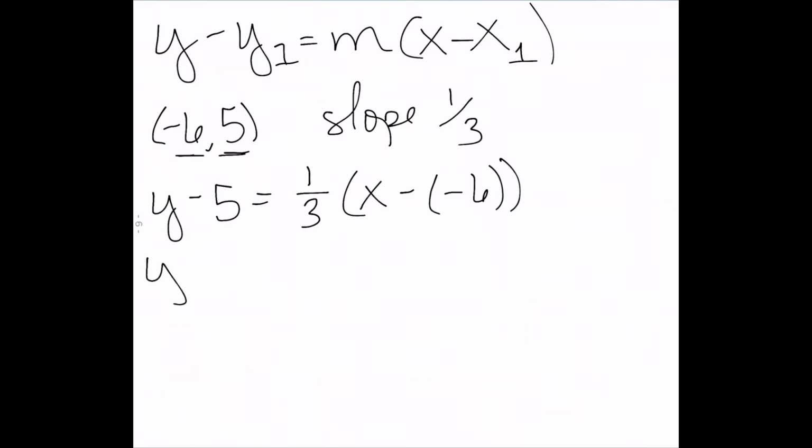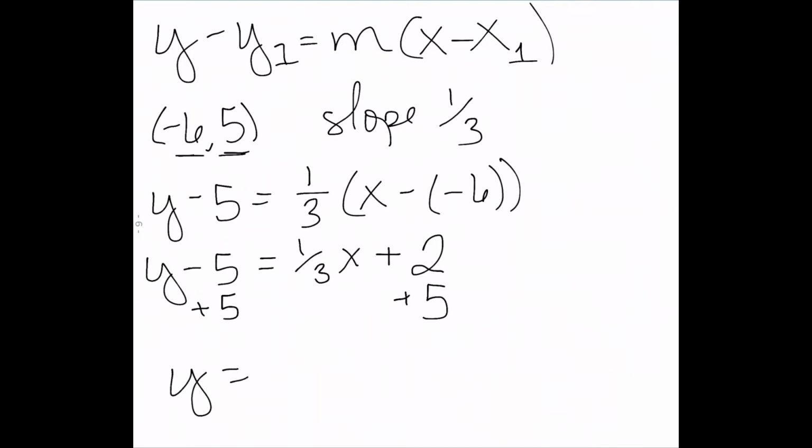Simplifying, I have y minus 5 equal to 1/3 x, and the 2 negatives here make a positive, and 1/3 times 6 is 2. It's customary to make this y equal to something, so I'm going to add 5 to both sides to get y equal to 1/3 x plus 7. And so now I have the full equation of the line.